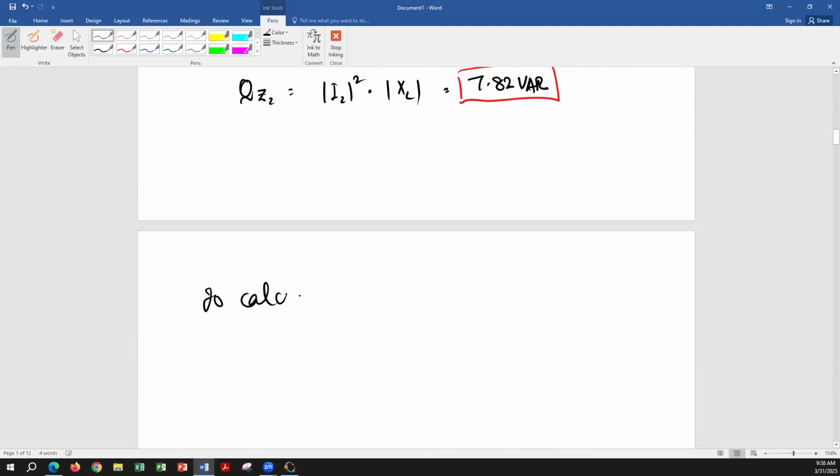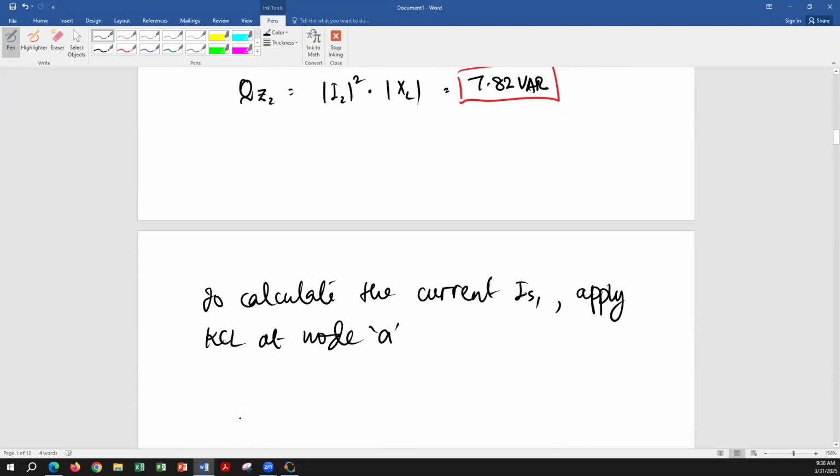To calculate the current IS1, apply KCL at the node. IS1 is equal to I1 minus I3.